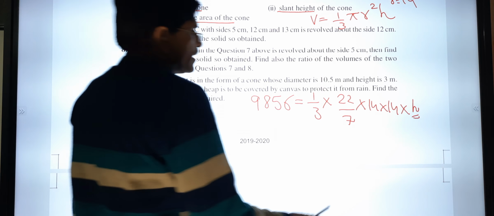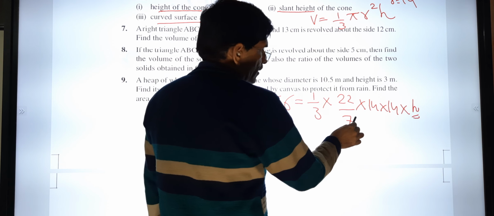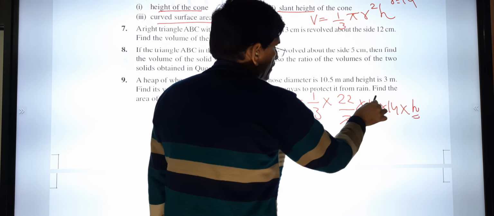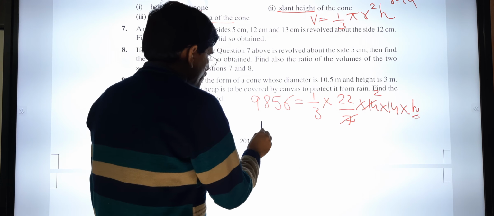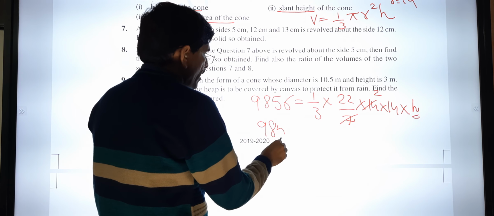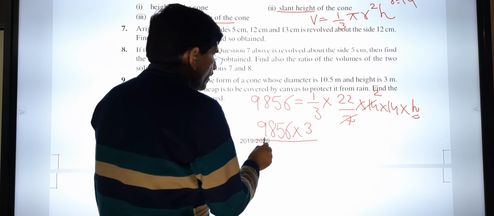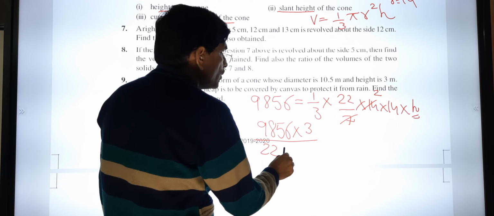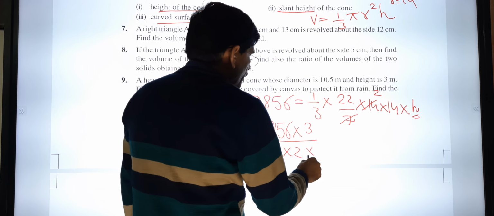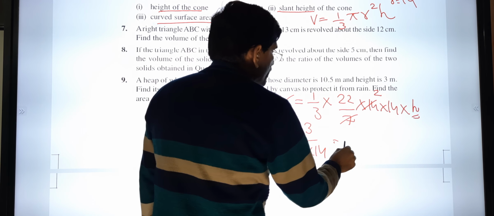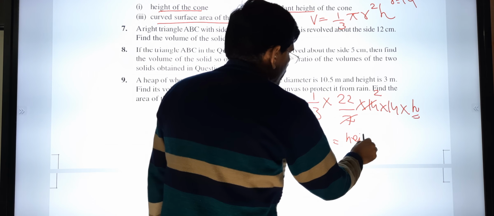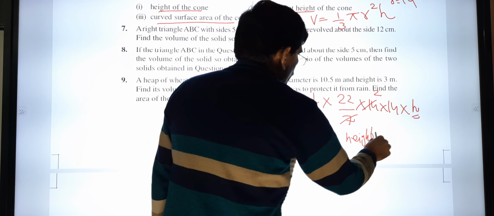If we see that properly, we can divide. So 9856 multiplied by 3 divided by 22 into 2 into 14 is equal to height h, that we have to find out.